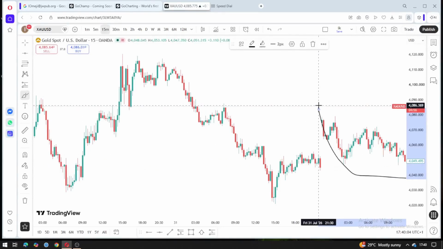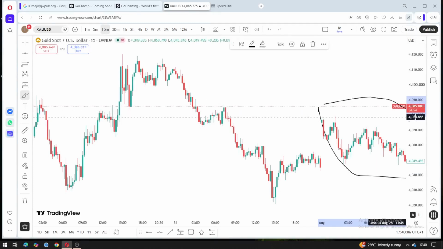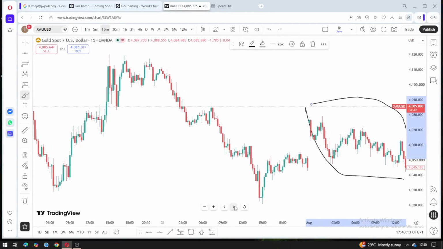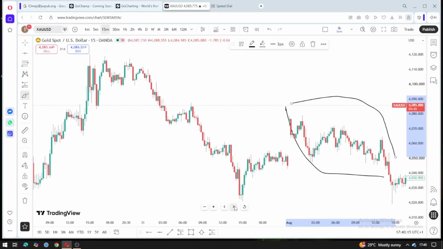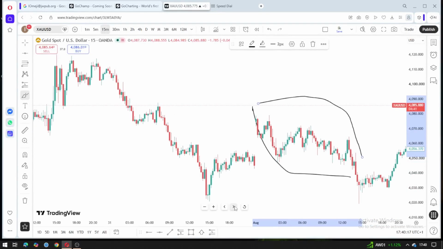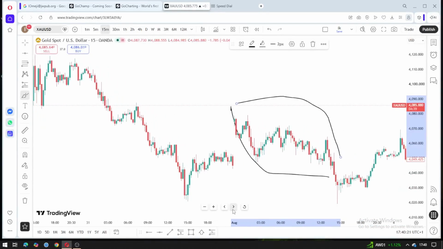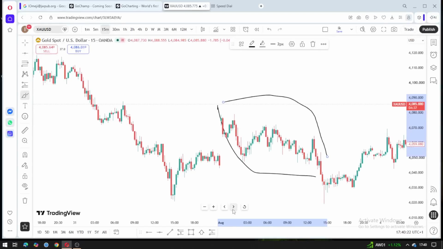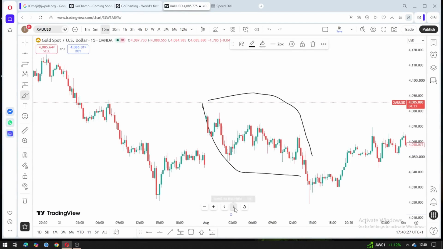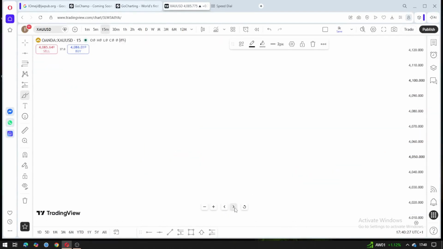From this place onwards was not available. I want to back everything up so that we understand the portion that was not available, because this is before the market opened. So the price action had not done anything in these areas. There were no price action activities.